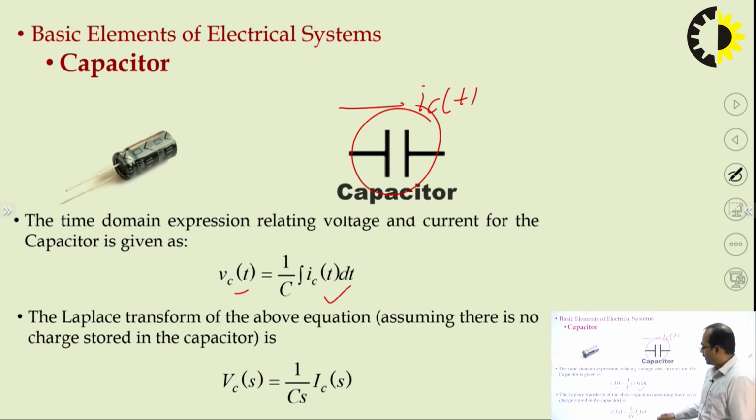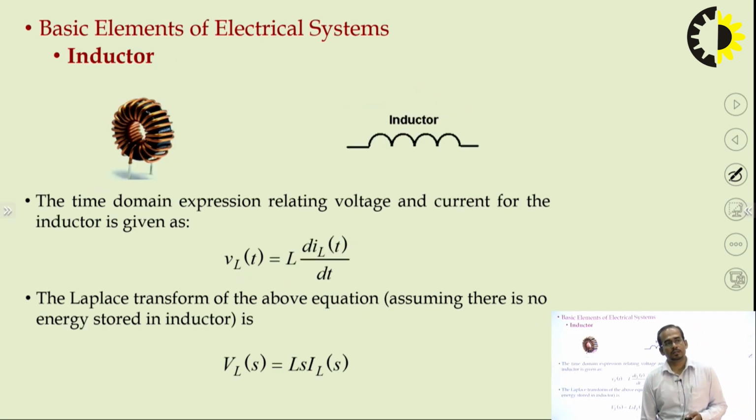If we want to represent this voltage in the S domain, then V_C(s) = 1/(CS) into I_C(s). Here we have considered that there is no charge stored in the capacitor; otherwise, we have to consider the initial conditions also. So, this is another basic element of the electrical system.